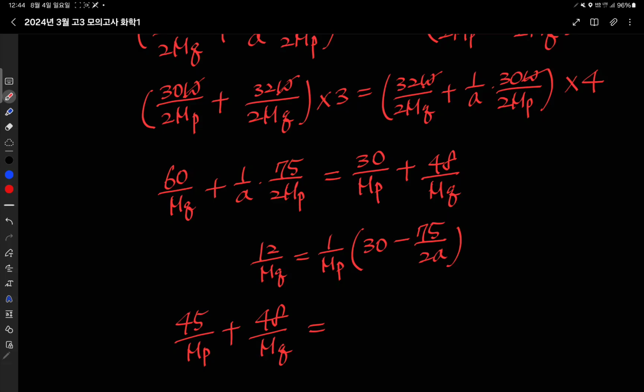That's equal to 64 over NQ plus 1 over A times 60 over NP.